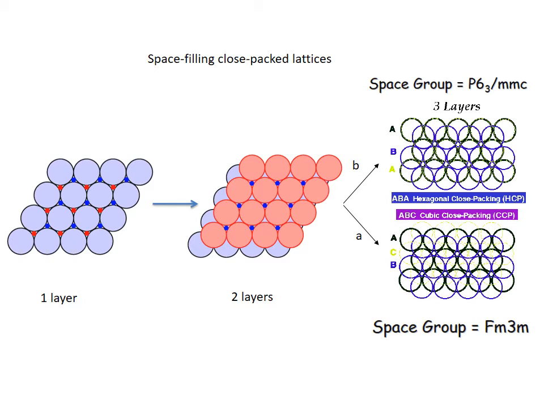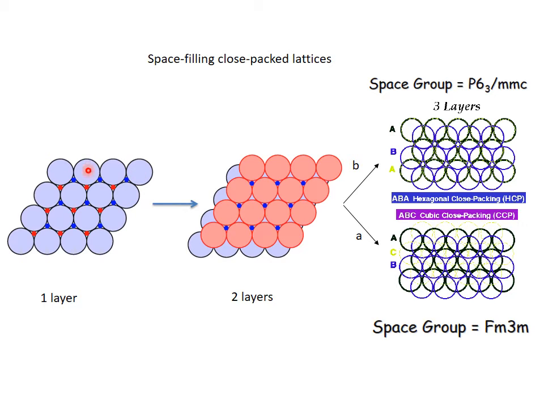Okay, so how can we develop an approach to close packed structures? Let us first look at two dimensions and ask, how can we surround a sphere representing an atom by other spheres so that these spheres are packed as close as possible?